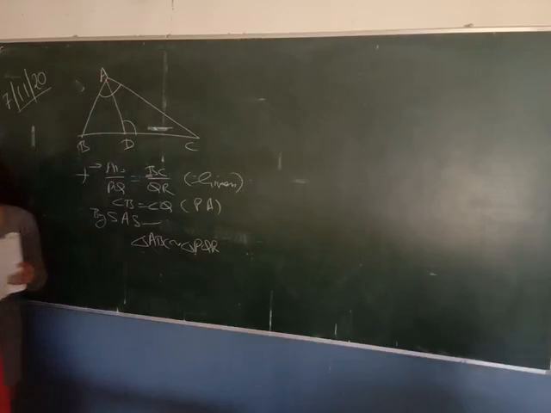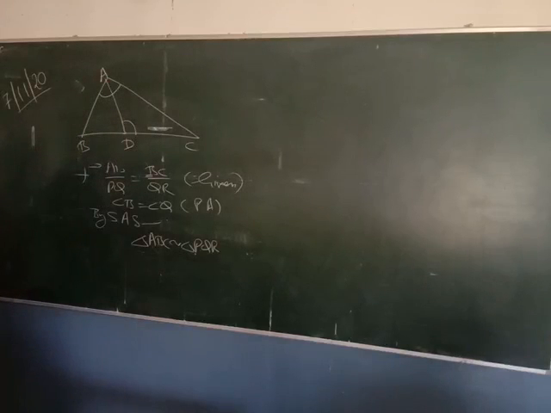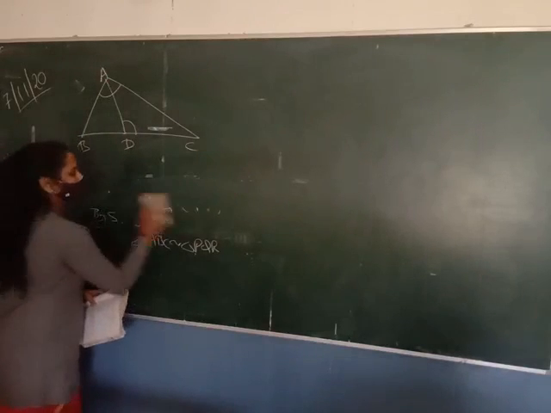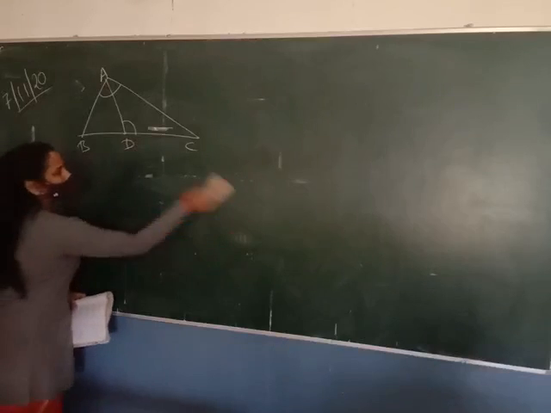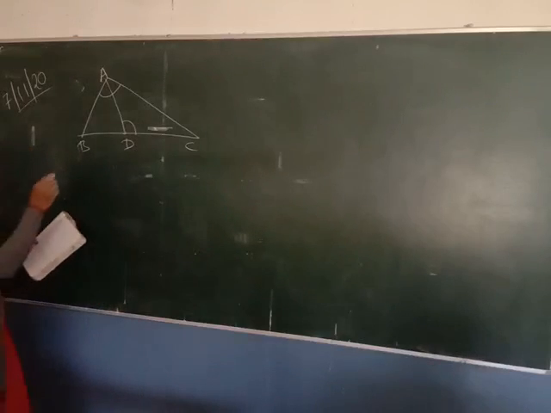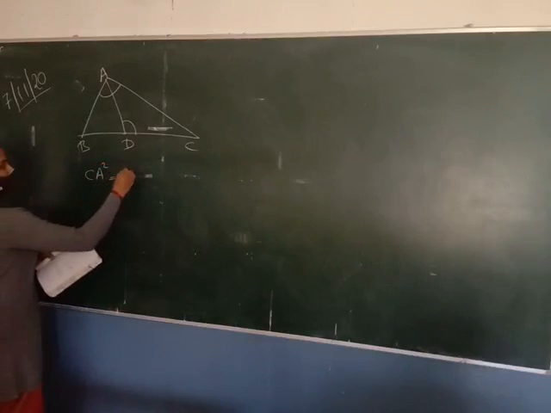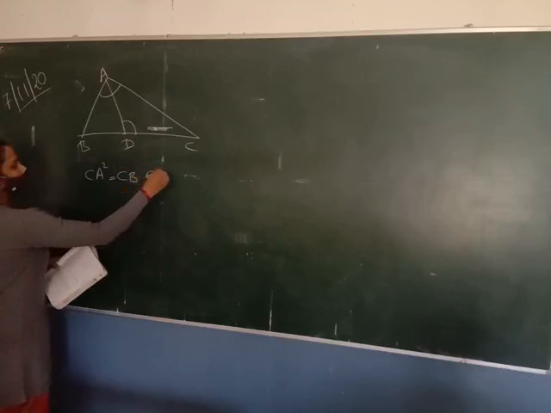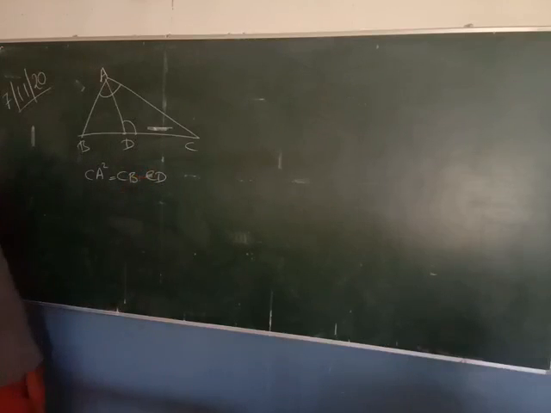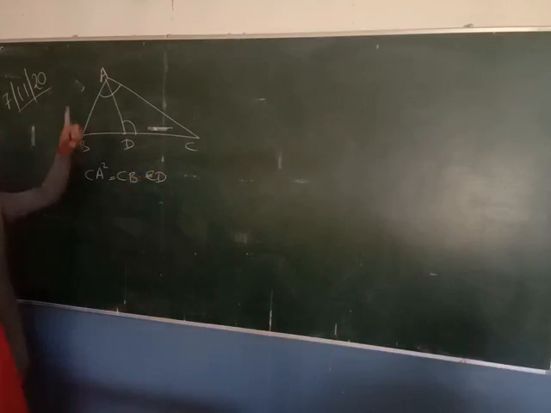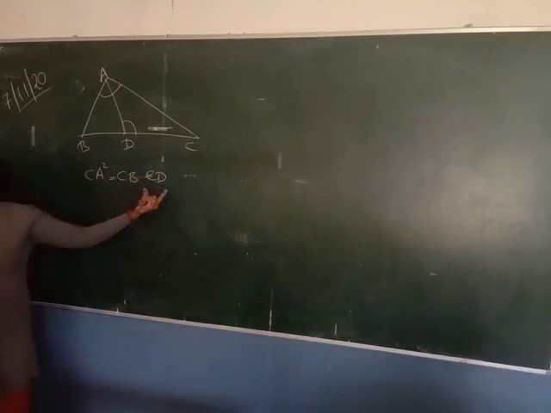These angles are equal to each other. Show that CA square is equal to CB into CD.